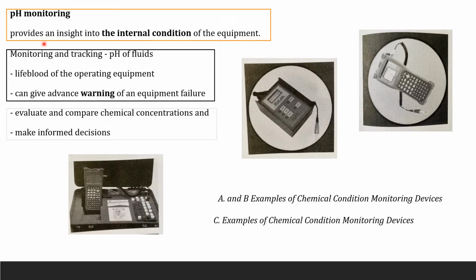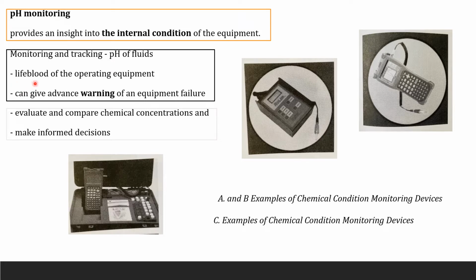So pH monitoring is going to give you, again, the internal condition of your equipment. We monitor and then we track the pH, mostly of fluids in the equipment. Fluids are nothing but your lubricants, coolants, and solutions, any required solution for a particular type of equipment.